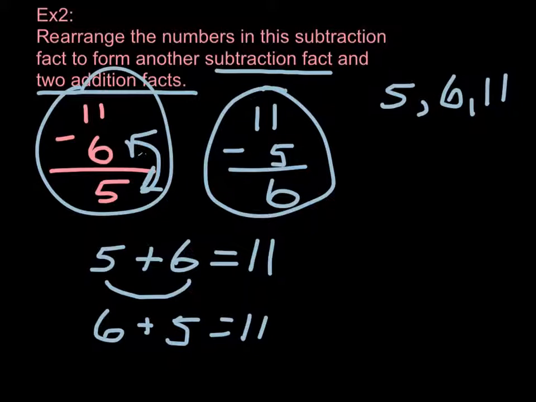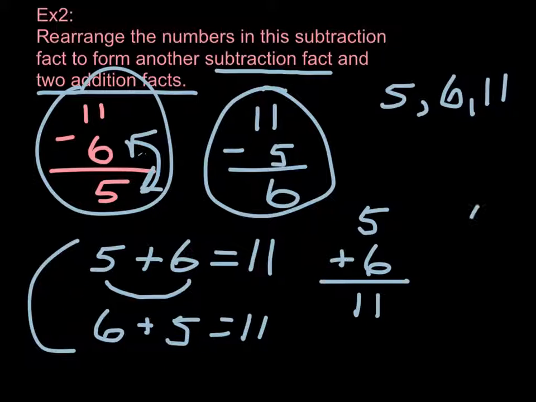Really, it's not going to be a difference. If you left it like that, that's fine. But I also could have written it as 5 plus 6 equals 11, and then 6 plus 5 equals 11, and I'm done.